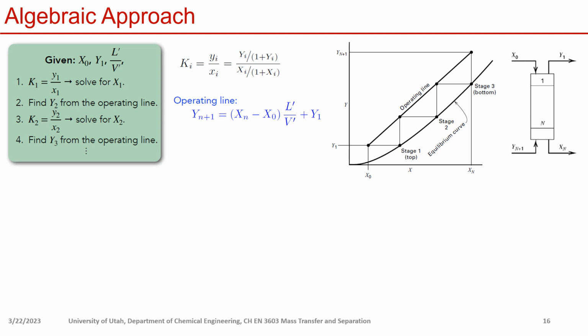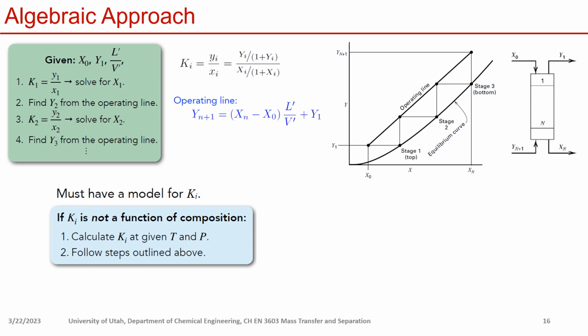Just plug in the numbers. Once you know x1, just plug in all the numbers into this equation, you can get y2. Then you can solve x2, then etc. Right? So basically, this is just like what we did graphically. So step 1 is to find this point, and step 2 is do this vertical march-off and find this point, and you do this repeatedly.